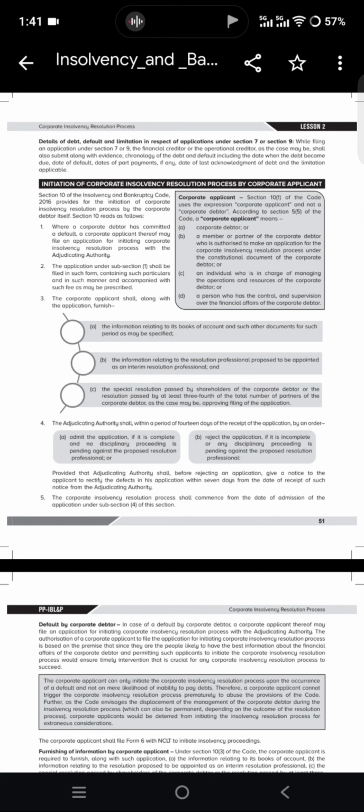So the first is a member or partner of the corporate debtor who is authorized, then an individual who is in charge, and a person who is in control. To include these three, the word corporate applicant is used. If these three were not required, only corporate debtor could be used.